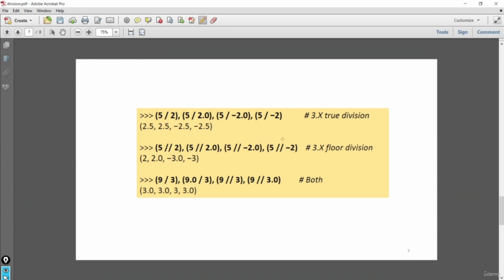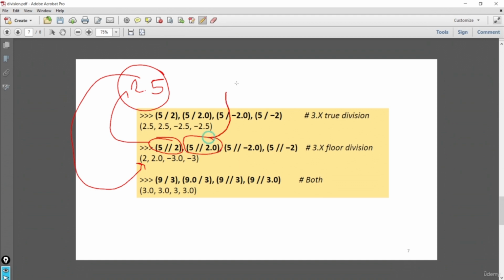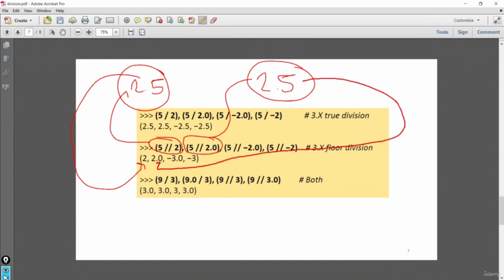Okay, now let's compare these divisions. 5 divided by 2. In classical division it is 2.5, but it is a float. In floor division, the nearest smaller integer is selected, that is 2. For this division, the result is floored to the nearest smaller floating point number. Why?